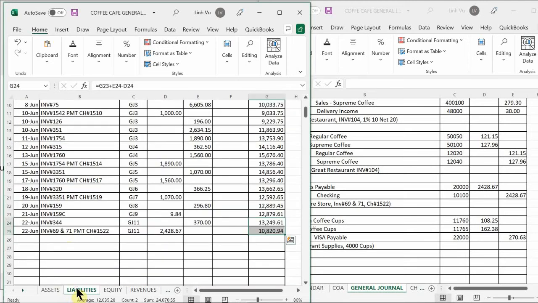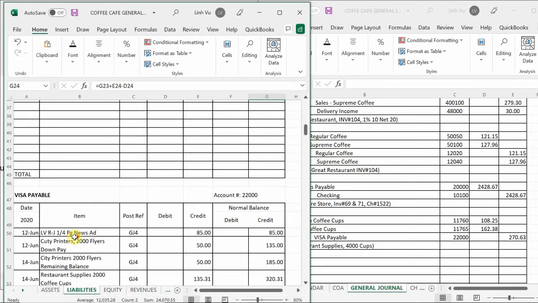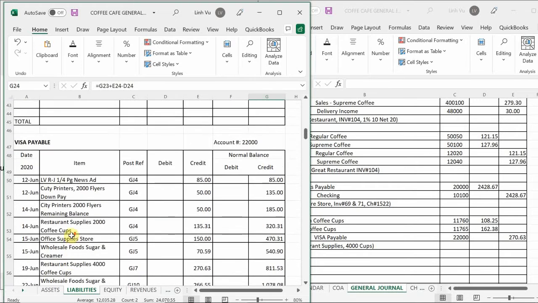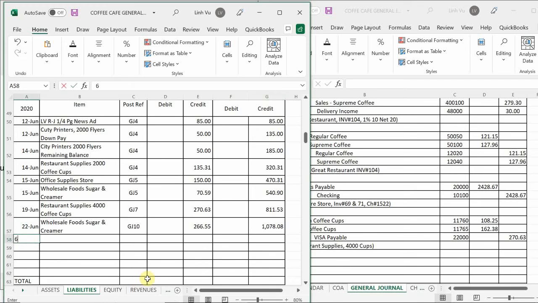And then we gotta go to Visa payable. So what's my grand total in my Visa payable account? 1348.71. Good.